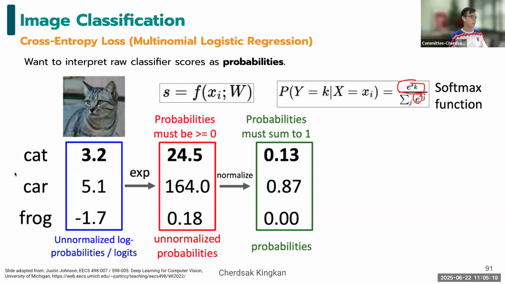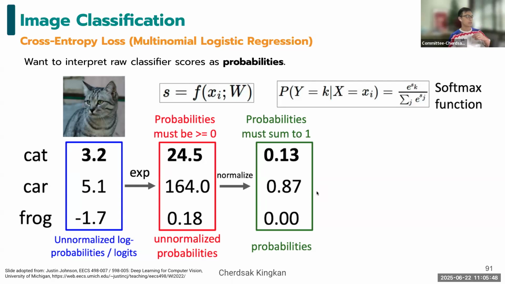And then next we are going to normalize it. This is the term that we use to normalize. Finally, after you normalize it, you get the probabilities, telling you how confident the model is that the input image belongs to which class.